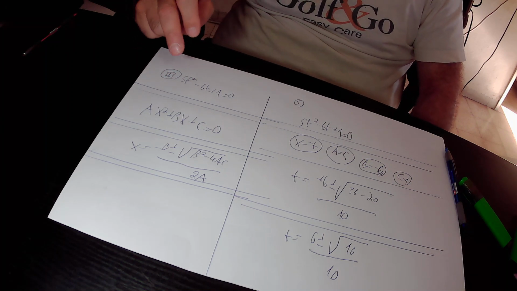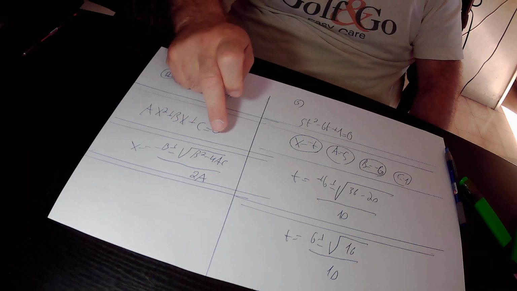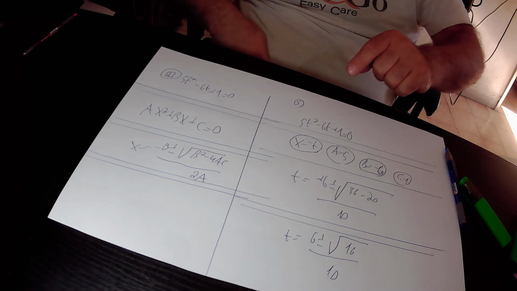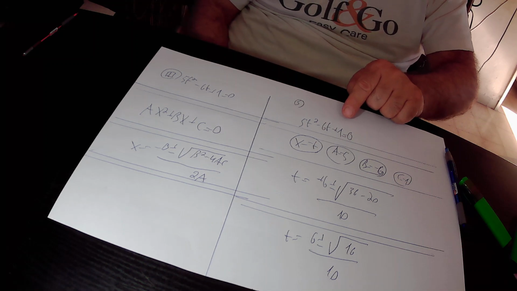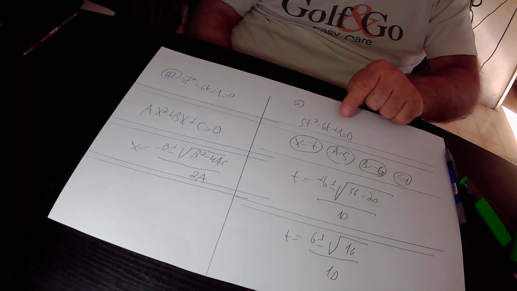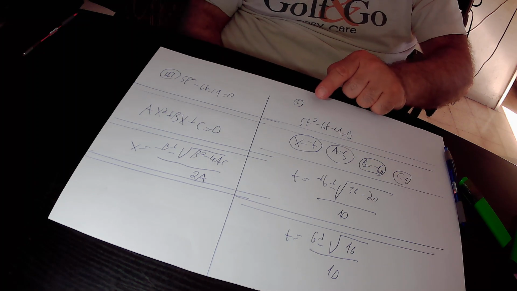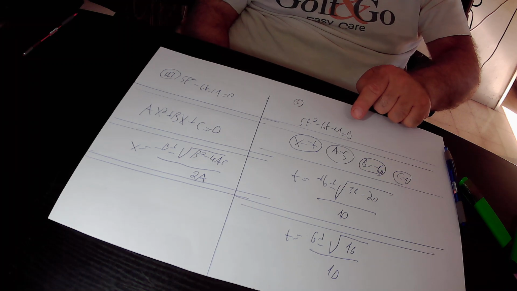We find the value of x according to the following formula: x equals minus b plus or minus the square root of b squared minus 4ac, over 2a. In our specific quadratic equation, that is 5t squared minus 6t plus 1 equals 0, the variable that we are looking for is t. So x equals t, the coefficient a equals 5, the coefficient b equals minus 6, and finally the coefficient c equals 1.